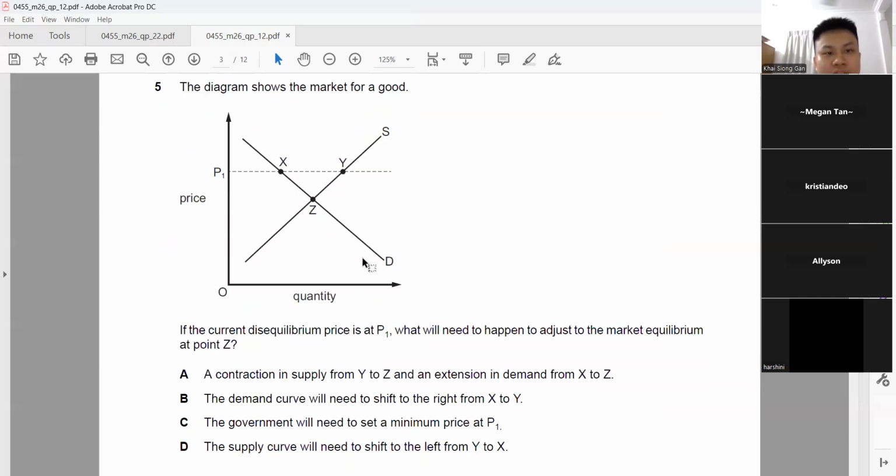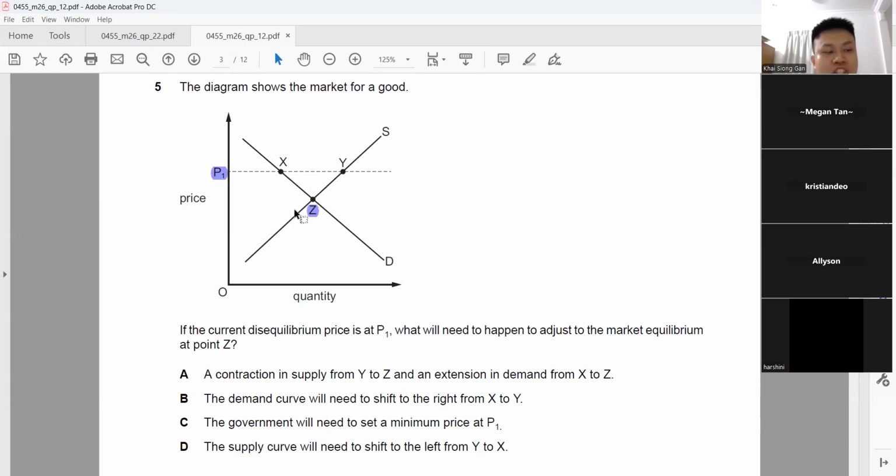Question 5. The diagram shows the market for a good. If the current disequilibrium price is at P1, what will need to happen to adjust the market to equilibrium at point Z? So at first it's at P1.